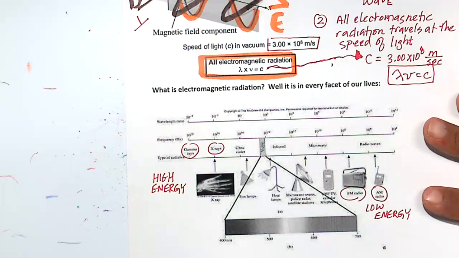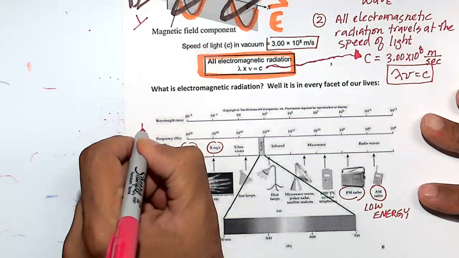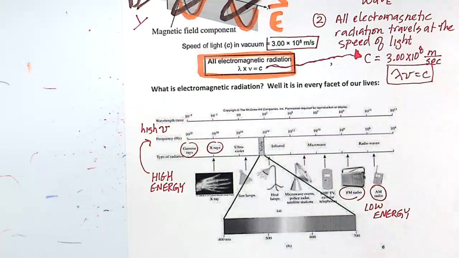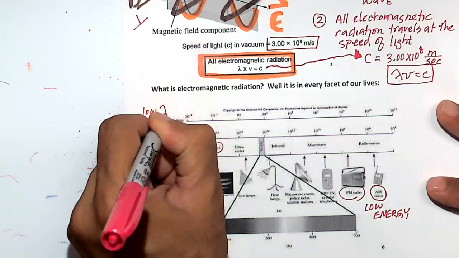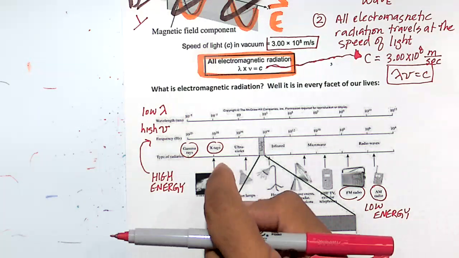Notice the high energy is going to have a higher frequency. I'm going to call that ν for frequency. And they'll have a very low wavelength. I'm going to call that lambda. That is what we associate with the high energy region of the electromagnetic spectrum.